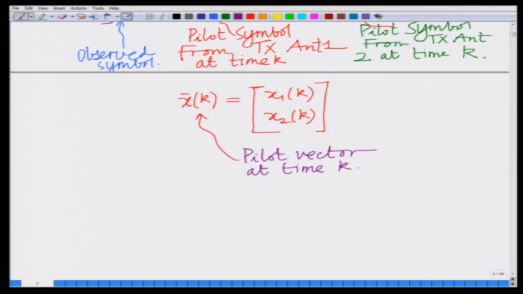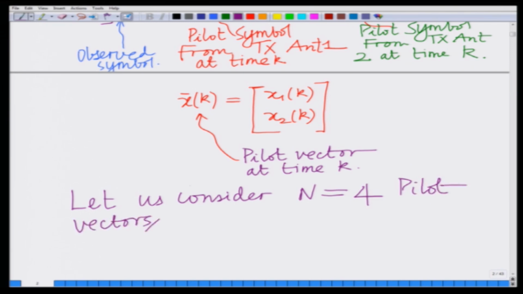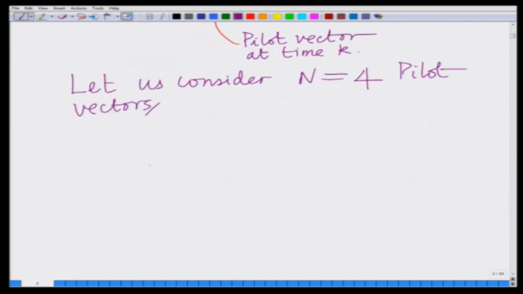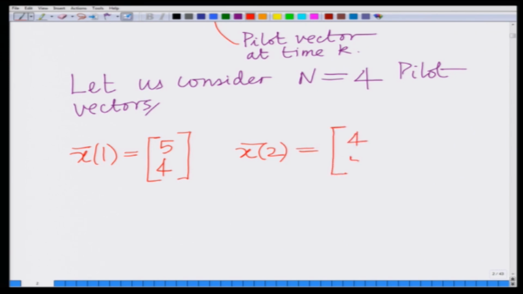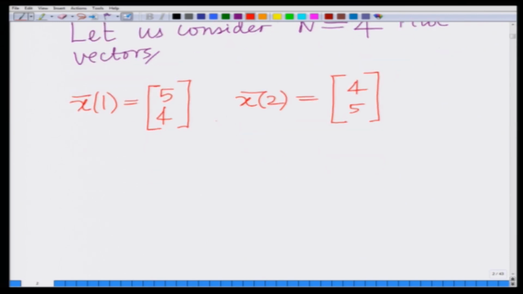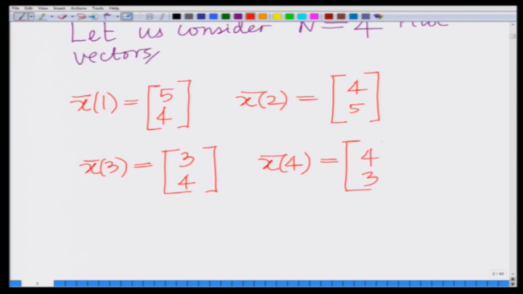This is the pilot vector at time k, and now in this example, let us consider N equal to 4 pilot vectors, and these pilot vectors for instance can be given as x bar 1 equals 5, 4, x bar 2 equals 4, 5, x bar 3, that is the pilot vector transmitted at time 3, is 3, 4, and x bar 4 equals, let us say, 4, 3.